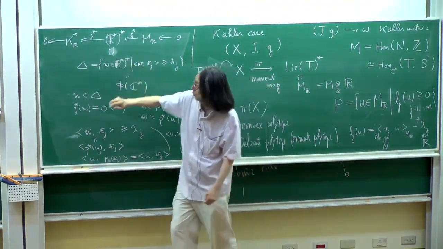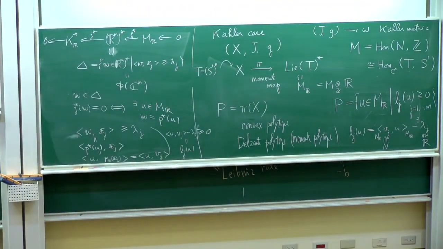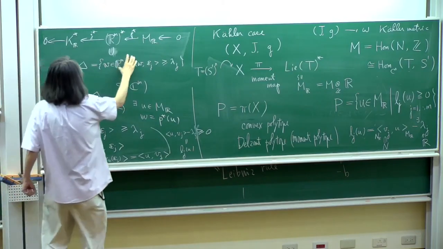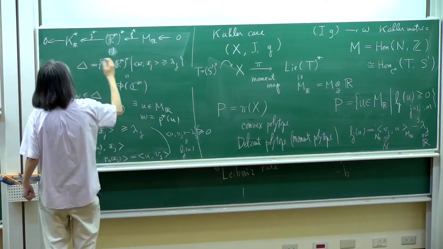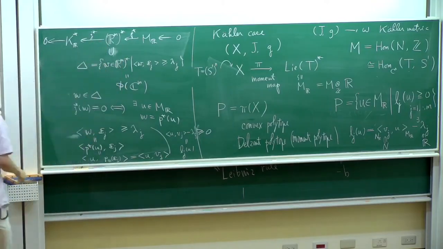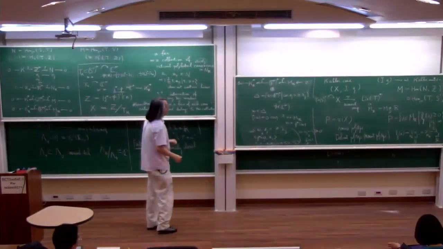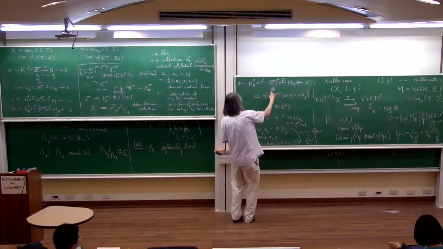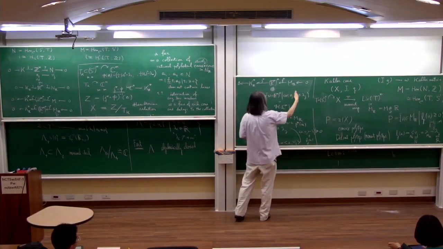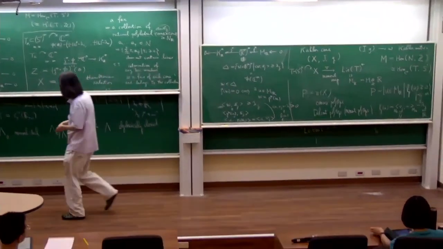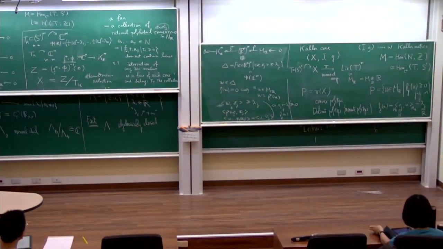So you have this image of this momentum map of this Cm, and then consider the loci which are killed by this J star, and such a thing is actually exactly the image of the convex polytope P, right?